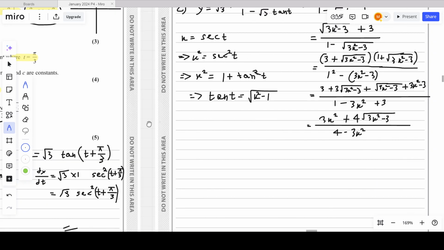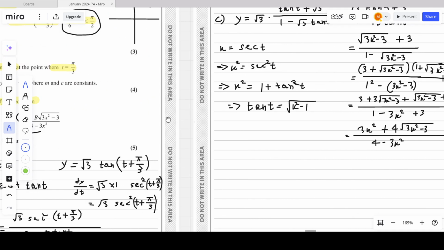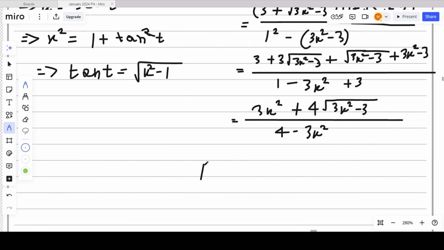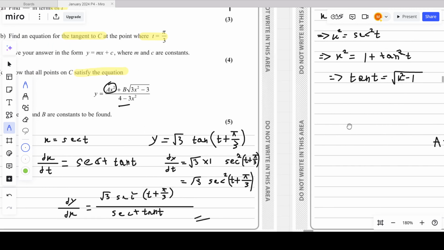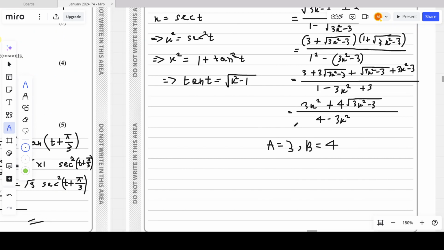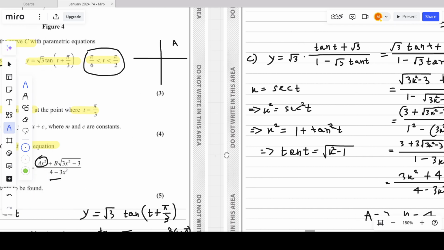Let's check: 3, yes, and b times square root of 3x squared minus 3, exactly. So we got the value of a: a equals 3, b equals 4, and is there any c? No, only a and b. So that's the end of question number 9, part C.